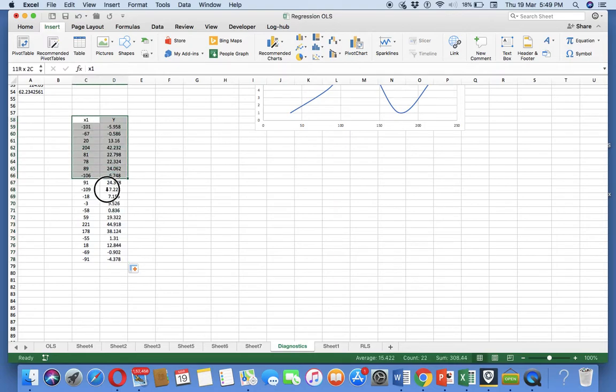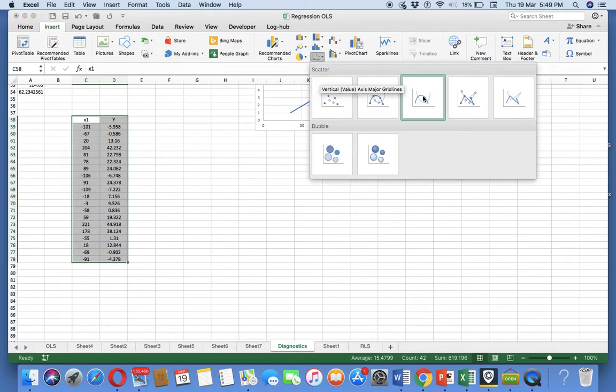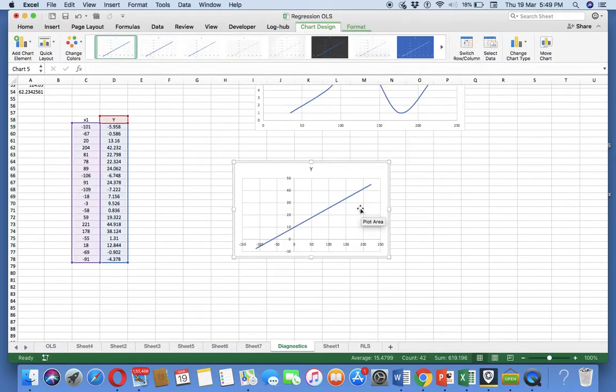Okay, so I now get an xy plot of these two. So I'll insert, I go to an xy plot, and I'll get a line, hopefully. Okay, that's my line. That's my relationship.